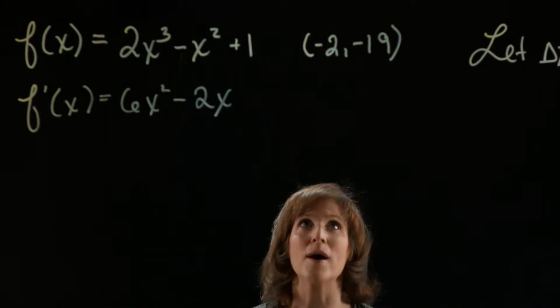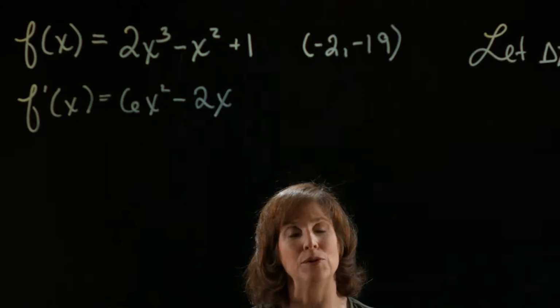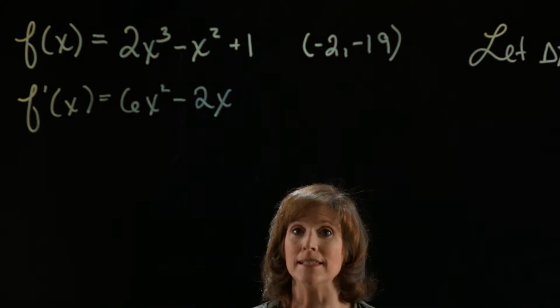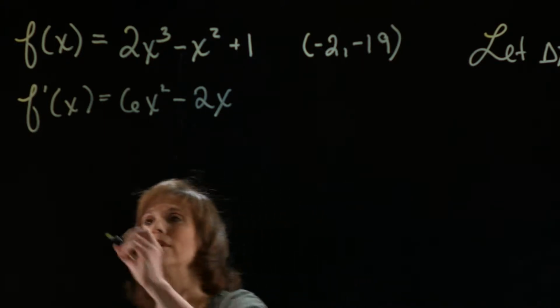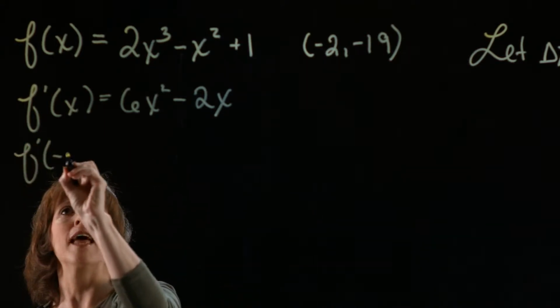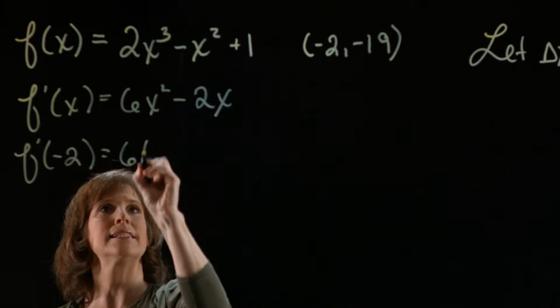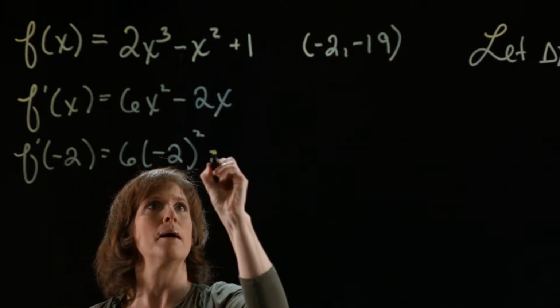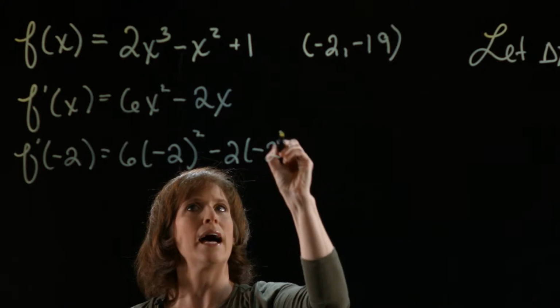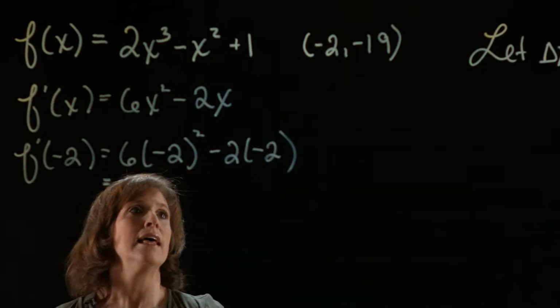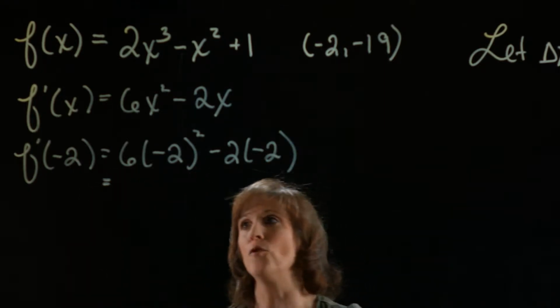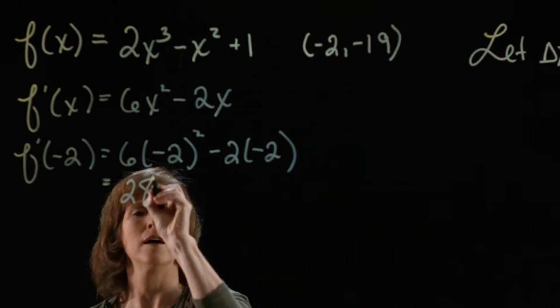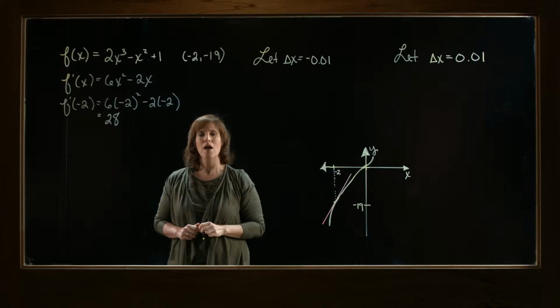And I need to evaluate that at the point (-2, -19), which means my input is -2. So f prime of -2 is 6 times (-2) squared minus 2 times -2. This is going to give me 24 plus 4, or 28.